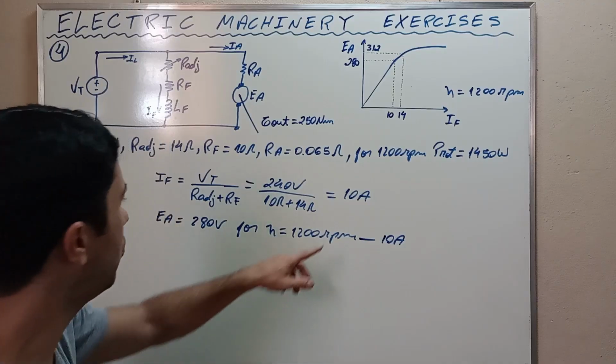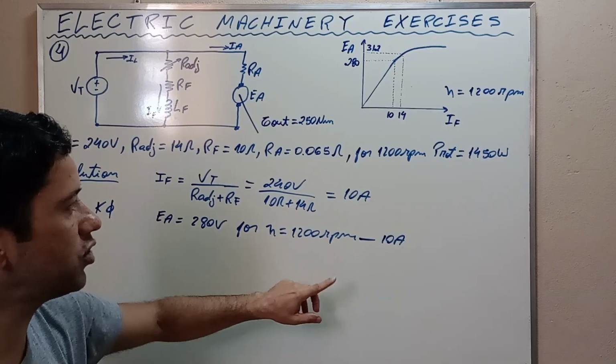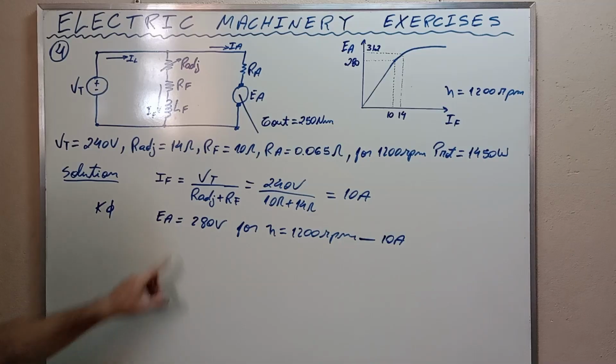We calculated a field current of 10 amps, and corresponding to this is an induced voltage of 280 volts.